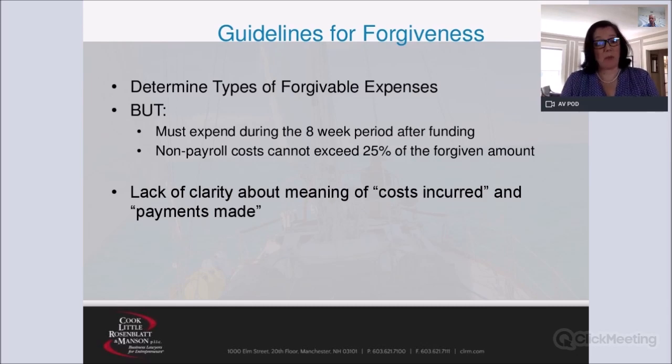That might be allowed, that's not clear, but almost everyone agrees that you cannot prepay. They make it very clear you cannot prepay your mortgage interest, but as a general matter, prepayments are not going to be allowed. But there's really no clarity on this, and people are just doing their best trying to figure out how to deal with this.